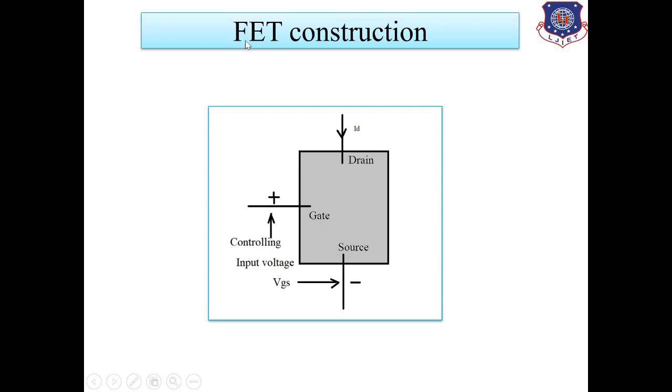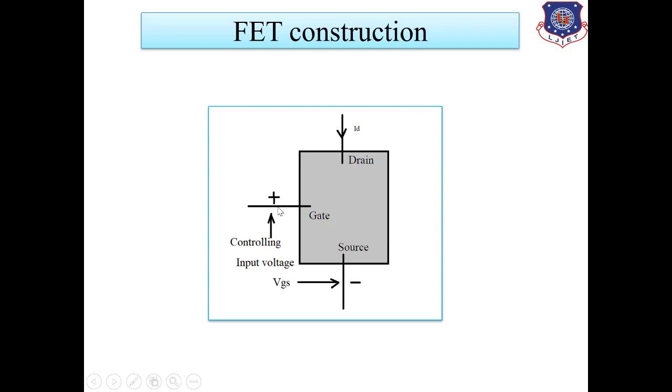Here in FET construction you can see that we have three terminals. Those are gate, drain and source. Again I am repeating, gate, drain and source. This is the controlling voltage between gate and source.